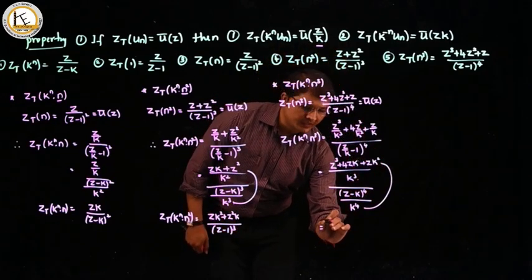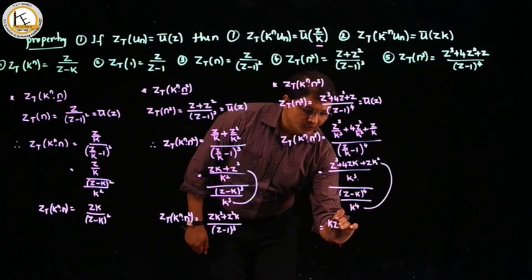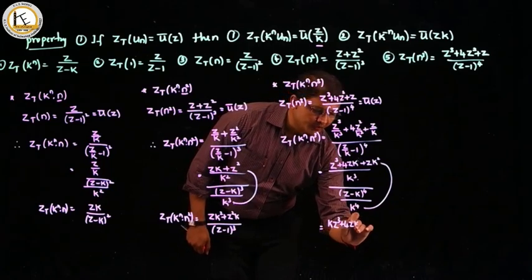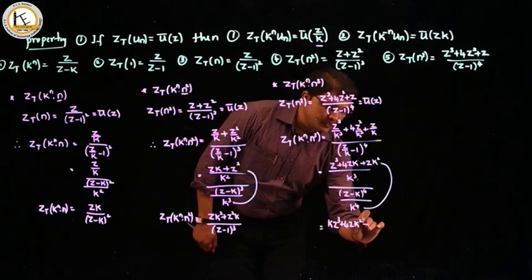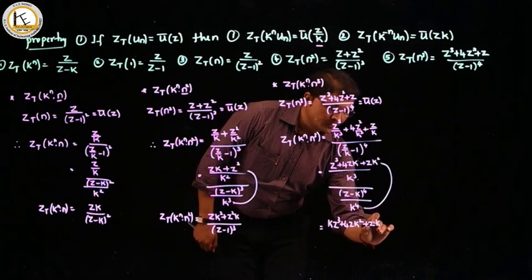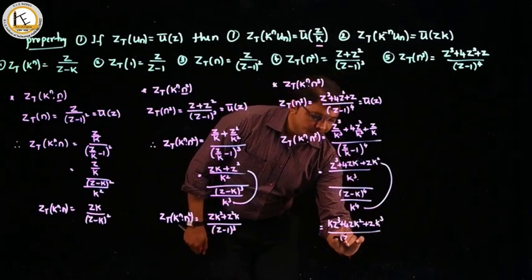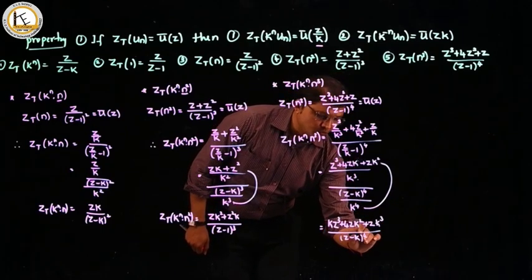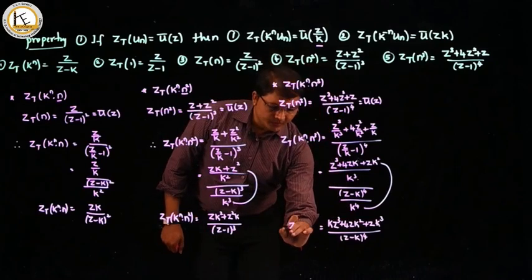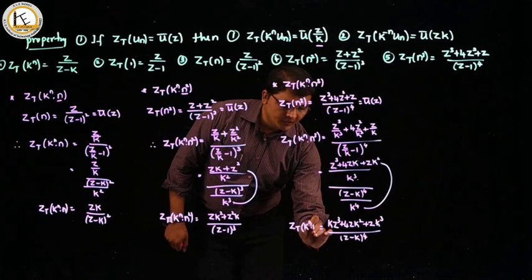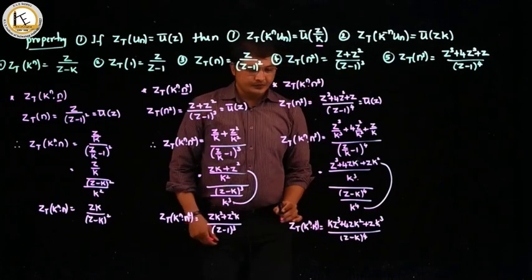Therefore we have finally k into z cube plus 4z into k square plus z into k cube whole divided by z minus k the whole raised to 4. So this is nothing but z transform of k raised to n into n cube.